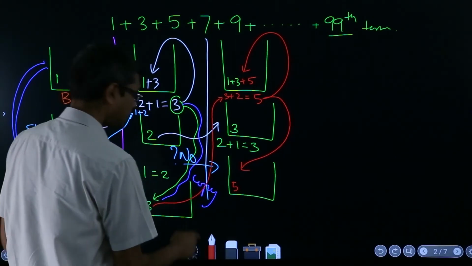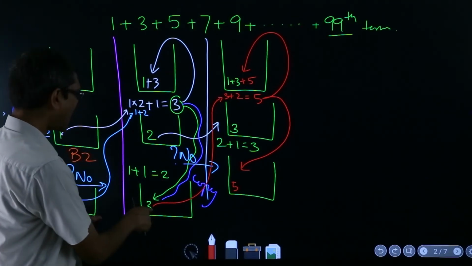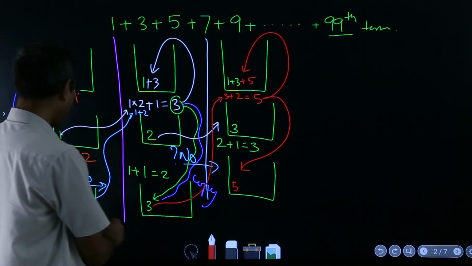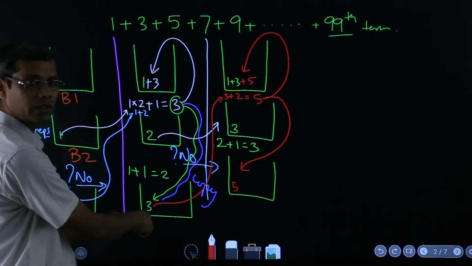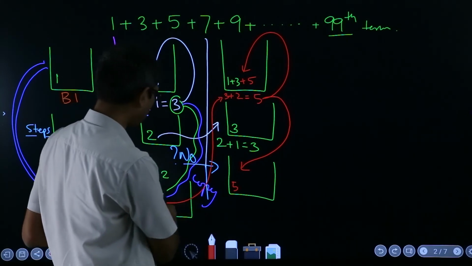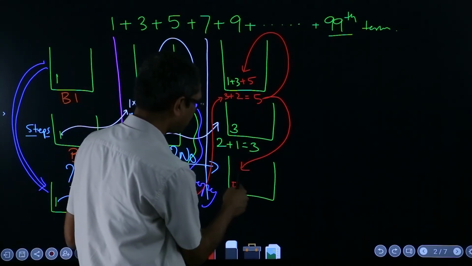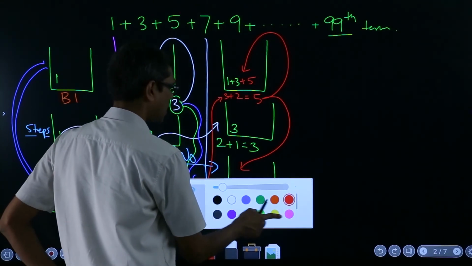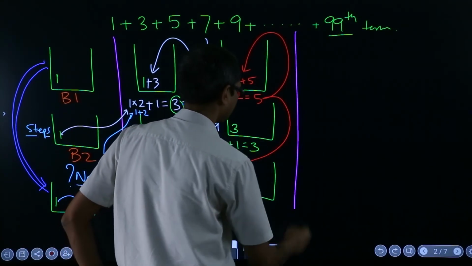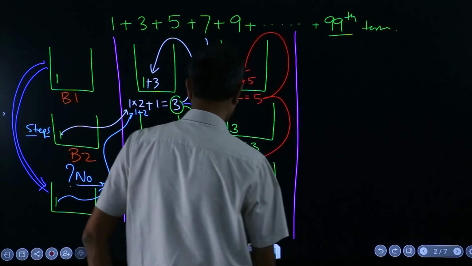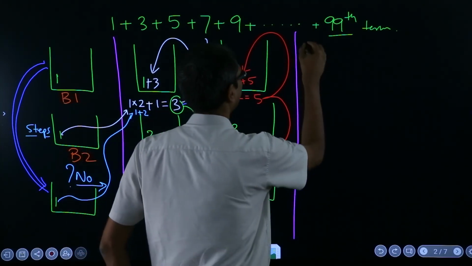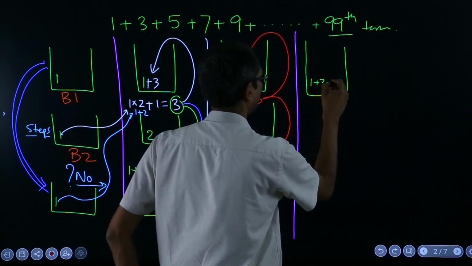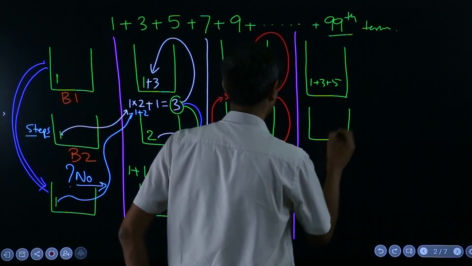So this is very important. Here I haven't added this 3 to that, I just removed this 1, threw away 1 and kept 3 instead. Here I threw away 3 and put 5 there. So this will now work for every step. If I go to the next, obviously it will be 1 plus 3 plus 5, and this will be 3.